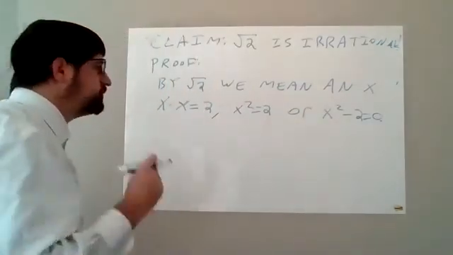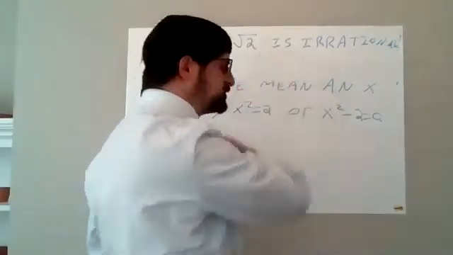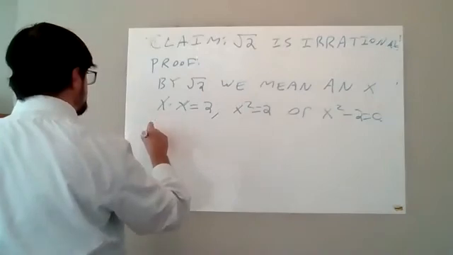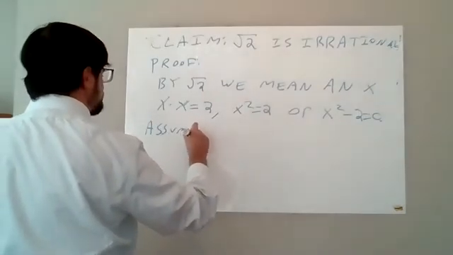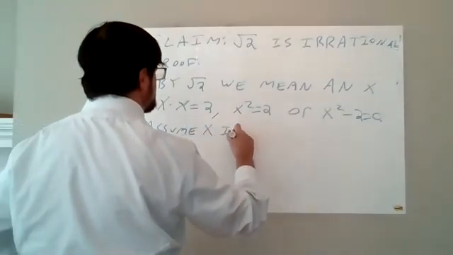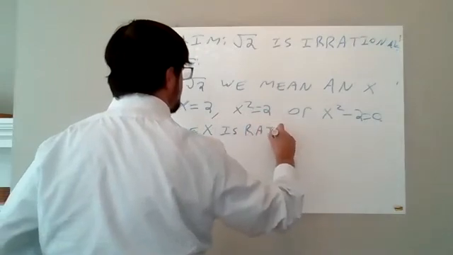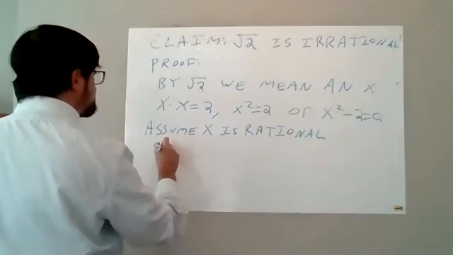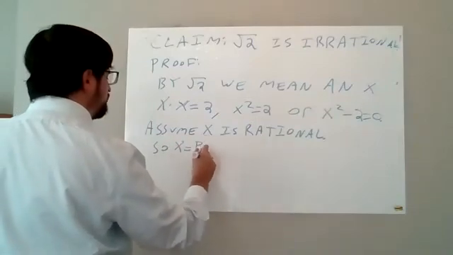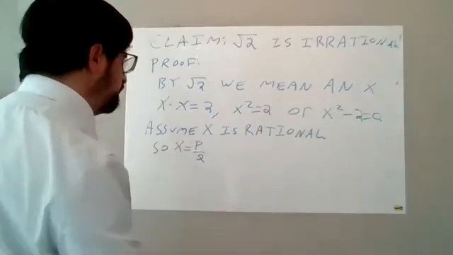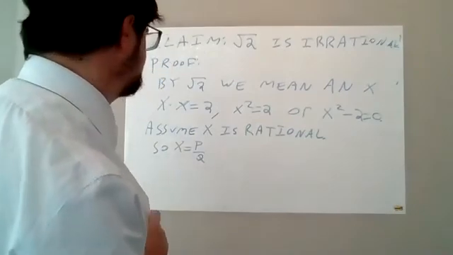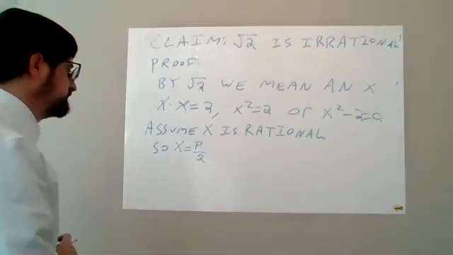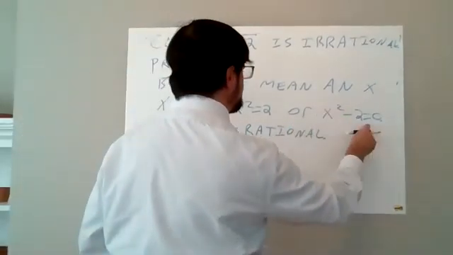So let's assume that there is such an x and it's rational. So x equals p over q. This is a polynomial, right?